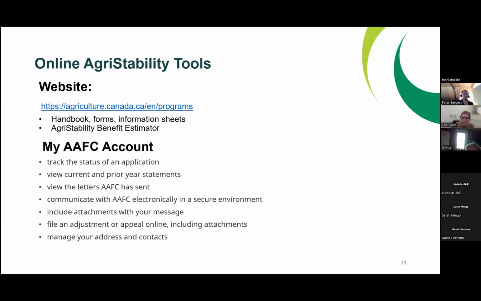I also wanted to provide the link for the website. It's very similar to AgriInvest, where you have the handbooks, forms and information sheets. It also has the AgriStability benefit estimator. The estimator doesn't go into too much detail, but if you have an idea of what your program year margins are, you can put them in and it gives you an idea.